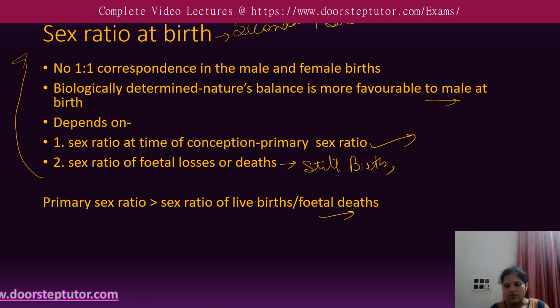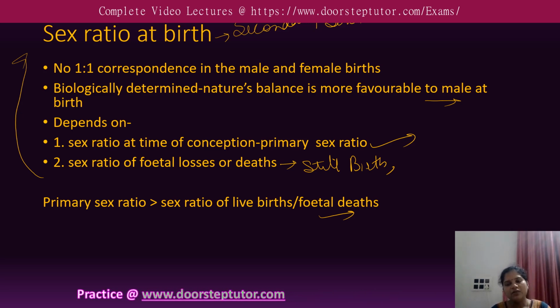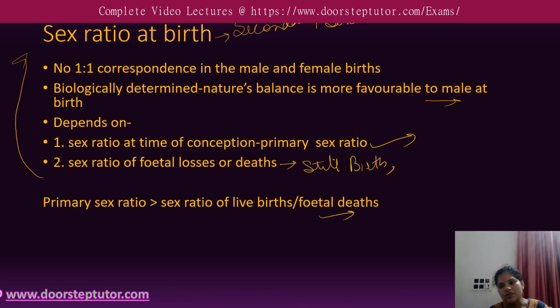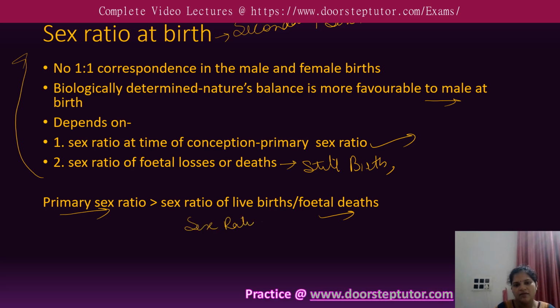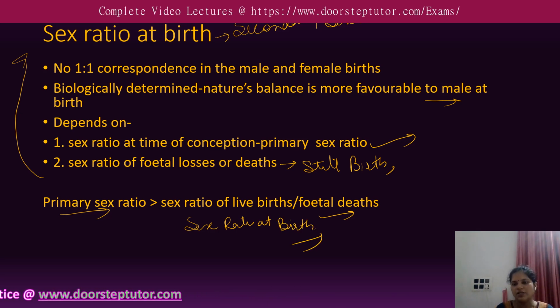Because it is fetal conception, but after birth lots of things can have an impact. Many health emergencies can take place if proper medical facilities are not available. So in spite of a live birth, the infant can die due to health issues, or some anomalies can occur. So the primary sex ratio is always higher than the sex ratio of live births or sex ratio at birth. Okay, so these are some facts about the sex ratio at birth.